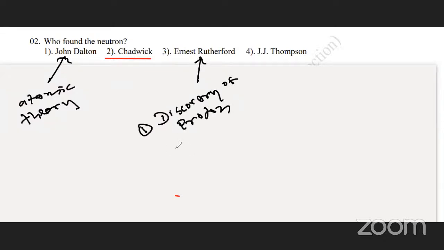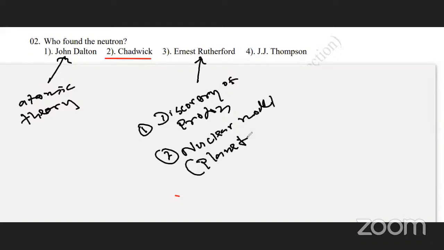And number 2, the nuclear model of the atom, or we call it the planetary model. That is the most accepted term, planetary model of the atom.